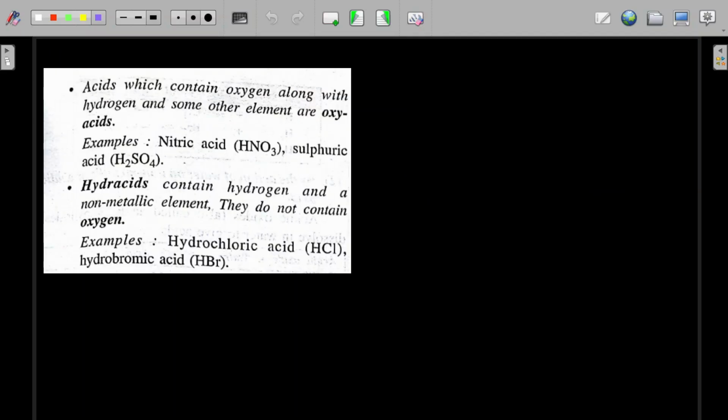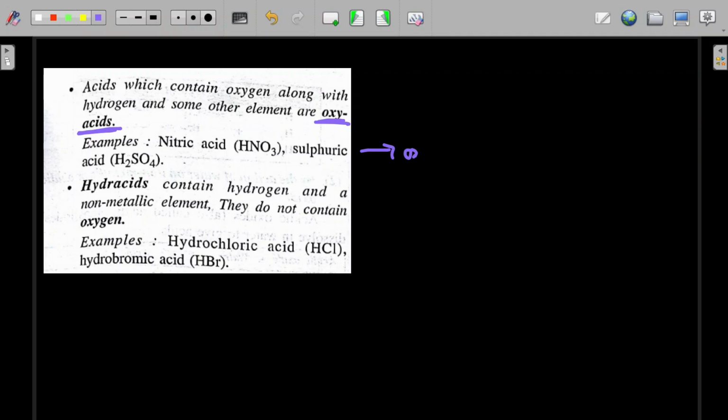Okay, this is the second kind of classification. The first classification was based on the sources, organic and inorganic. This one is very simple: whether a given acid contains oxygen or not. If it contains oxygen, what do you call it? Oxyacid. Simple, you know the formula. In the formula you have oxygen, HNO3, H2SO4.